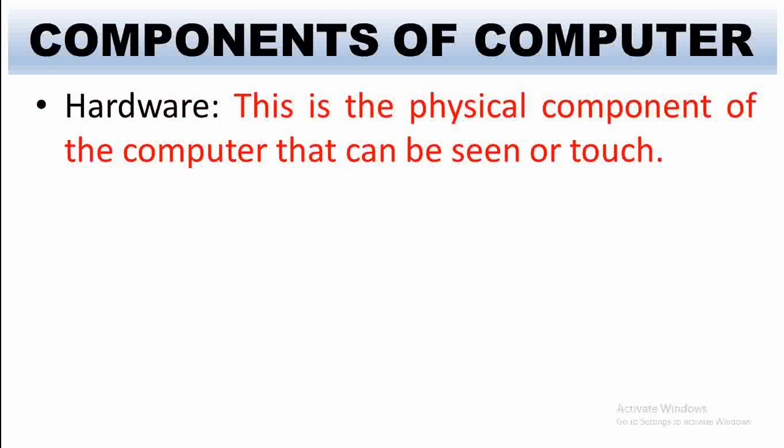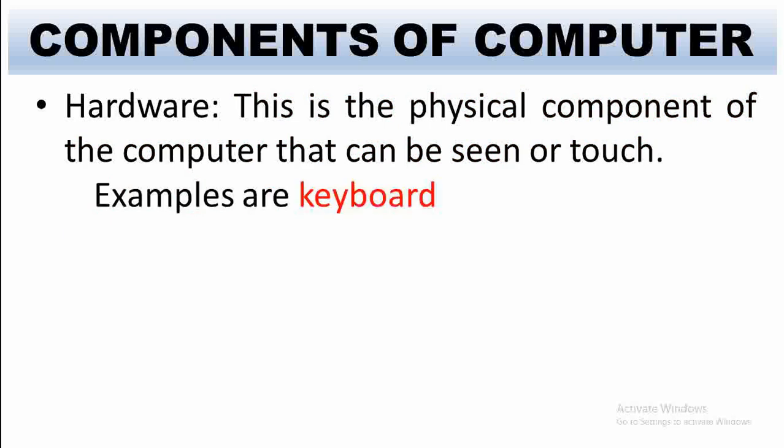All those parts, all those things that we look at that make us realize, okay, this is a computer, that's what we call the hardware, because we are able to identify them since we see them and we can touch them. Examples of hardware in the computer system are the keyboard, which we use for typing.